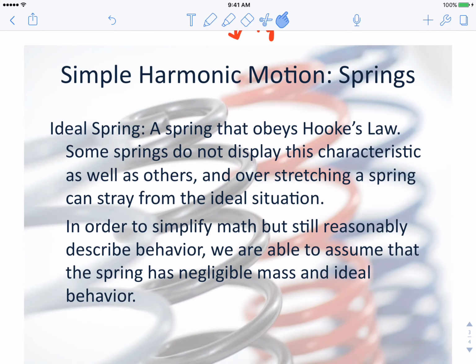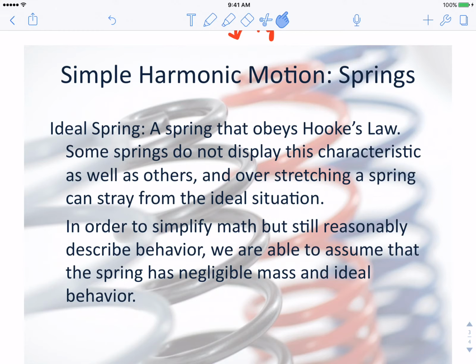So ideal springs are essentially the definition of spring that obeys Hooke's law, that as you stretch out a spring, the amount of force the spring pulls back with is going to increase linearly. Not all springs do this perfectly, but within a certain range, most springs come reasonably close to this. Some springs are better than others.